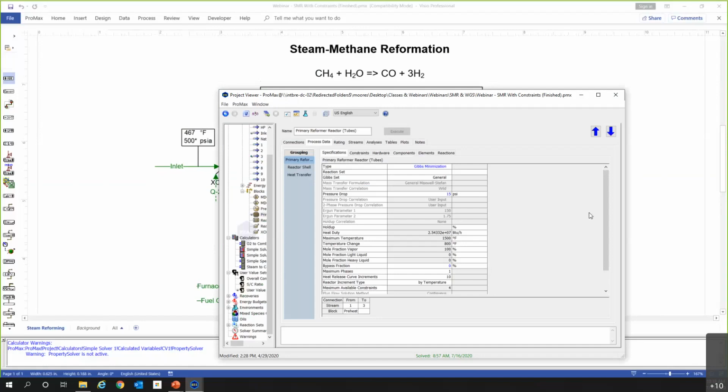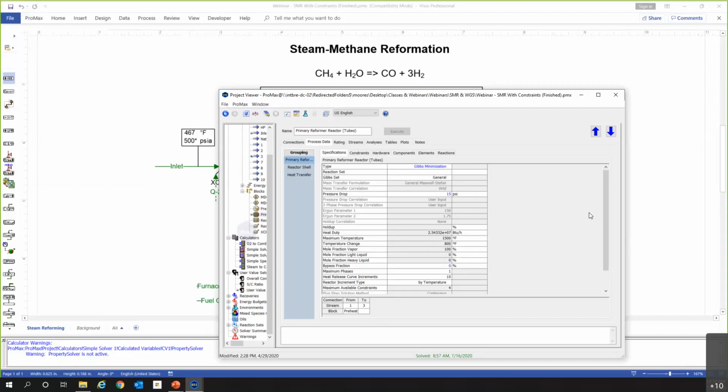This is used when the reaction goes to equilibrium or very close to it. The benefit of using Gibbs minimization is that stoichiometry is not needed, nor is kinetic information. So it's very handy if you just want a quick but accurate reactor model. Gibbs minimization is a great option.